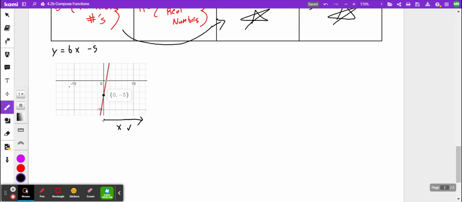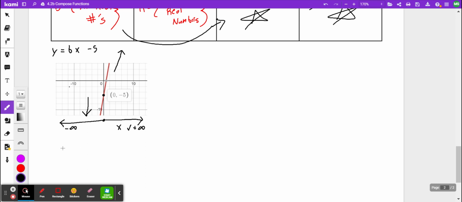Is there anything stopping me from going 0 to negative? No, there's nothing stopping me. So I can go to negative infinity and I can go to positive infinity. Now, how about the y value? I'm going to be going up and I'm going to be going down. So that means I'm going to have all the real numbers for x and all the real numbers for y.